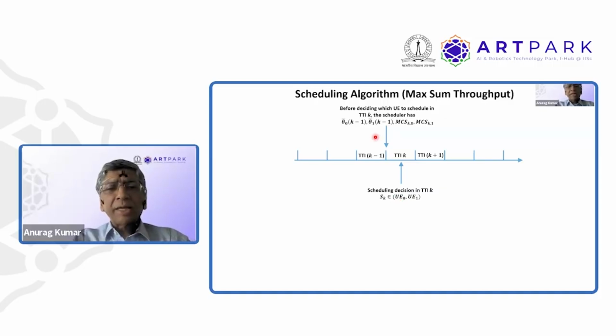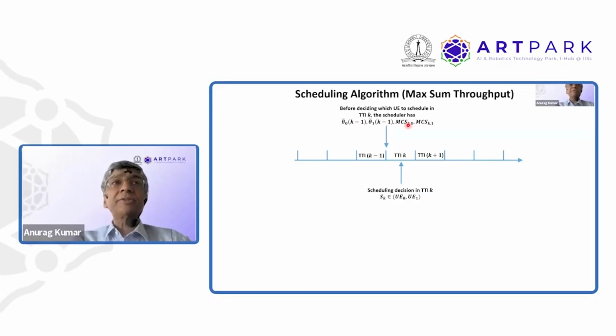The scheduler has this data. Suppose there are n UEs, the data is correspondingly multiplied. We know the throughput that we have given to each UE, the EWMA throughput: the EWMA throughput for UE0 at slot k, for UE1 at slot k.